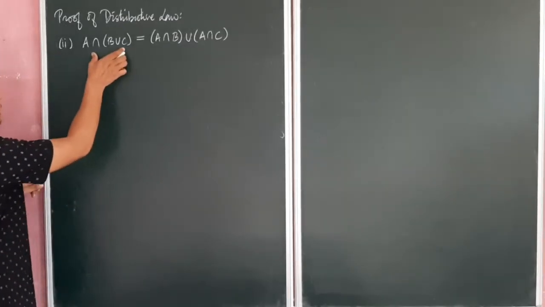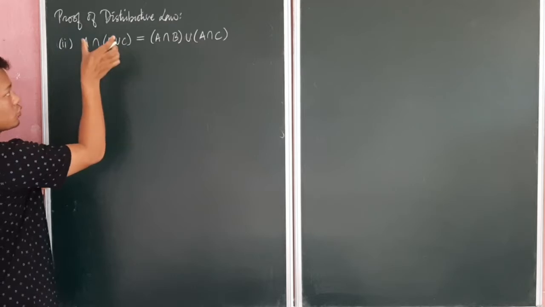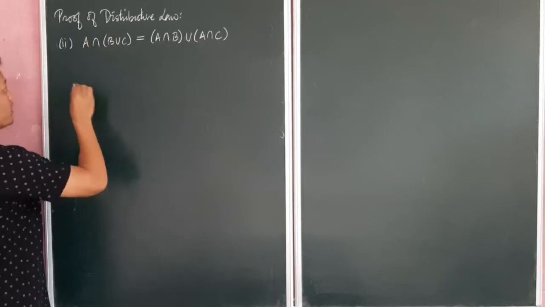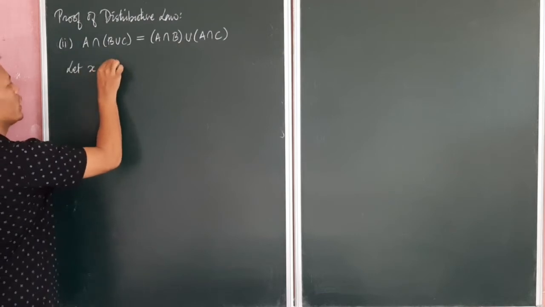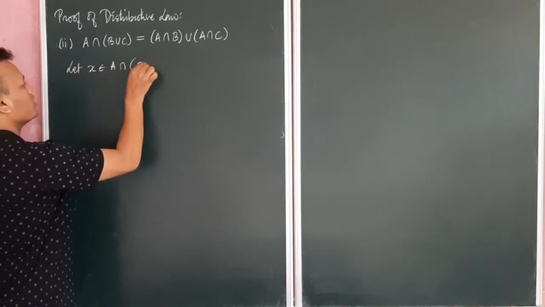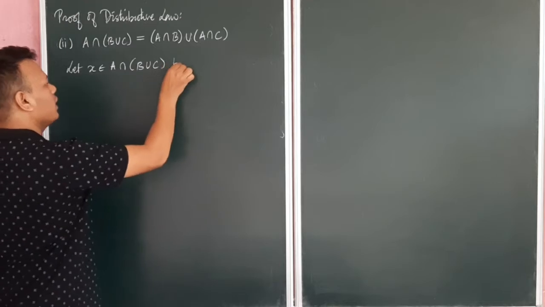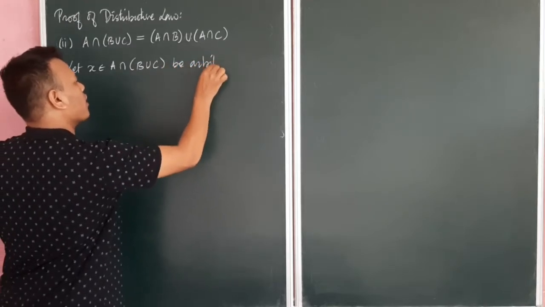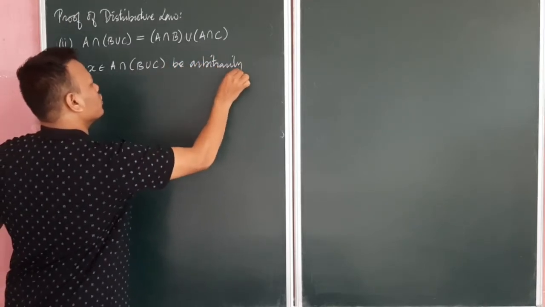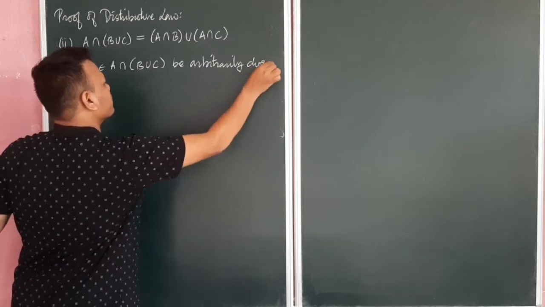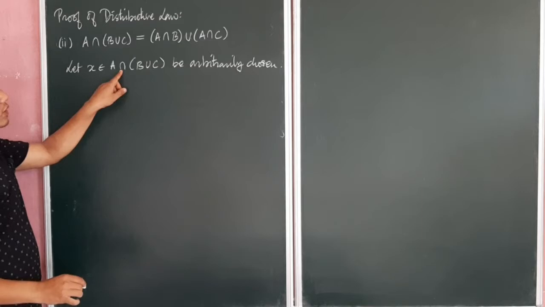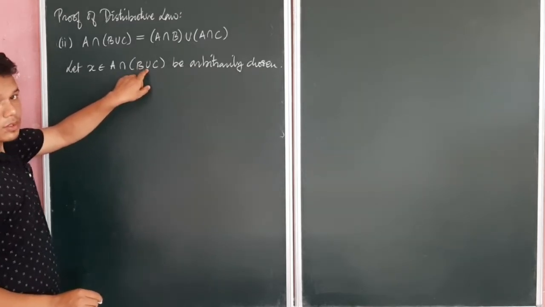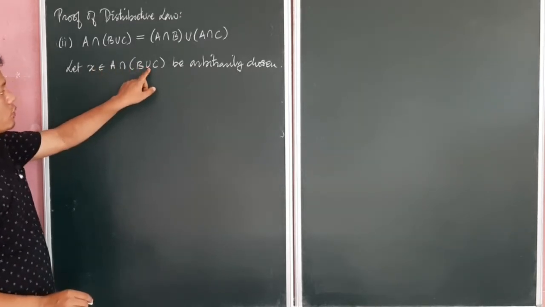Okay, so let me take any element from this. I am showing x is a subset of y. Okay, so let x belong to A intersection B union y be arbitrarily chosen. So remember, intersection means and, union means or.